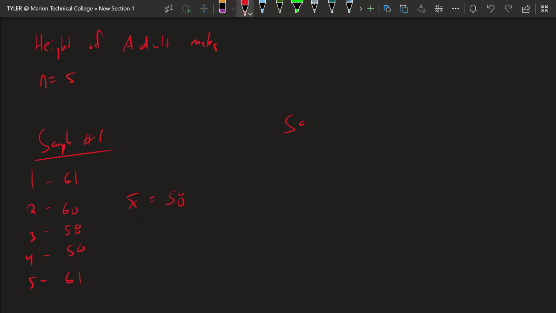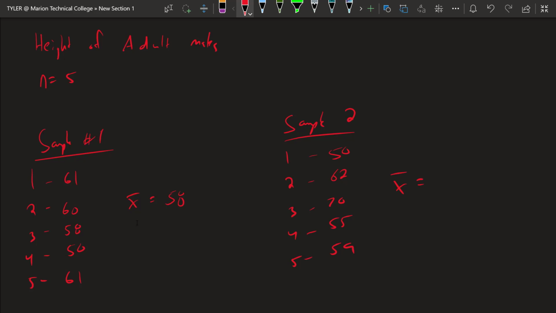Well, what if I pick another sample, a second sample randomly selected from the population? Maybe I get 50, 62, 70, 55, 59. And then I can calculate another sample mean.